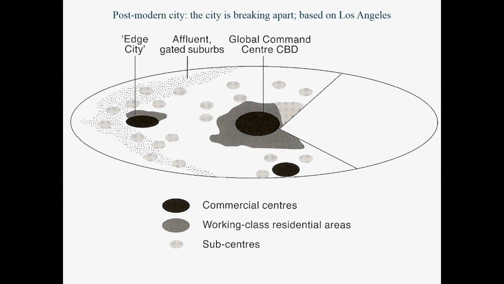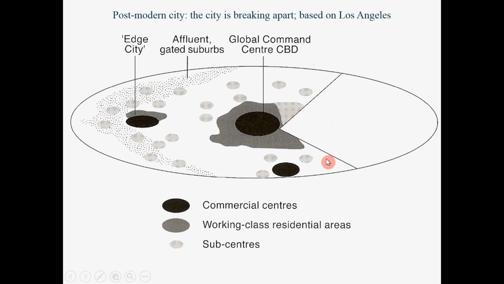Then this is a model proposed by some postmodern geographers. They use Los Angeles as an example to define this postmodern city. When they come to illustrate Los Angeles, they imagine that Los Angeles is a city where you have a traditional CBD.